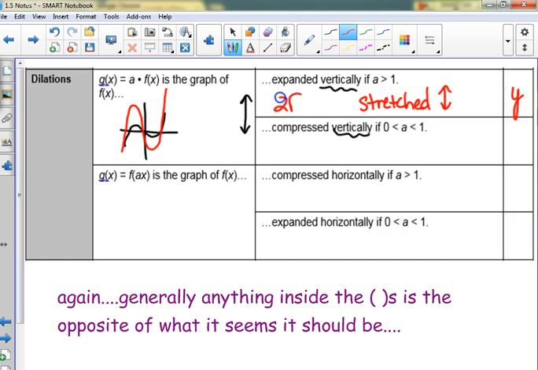Okay, so this is like 2f of x. A 1/3 f of x, where the number is less than 1, between 0 and 1, will compress the graph vertically or shrink the graph in towards the x-axis like that.